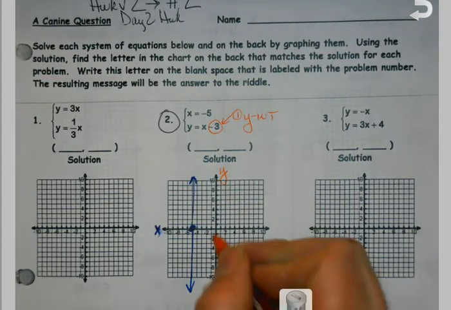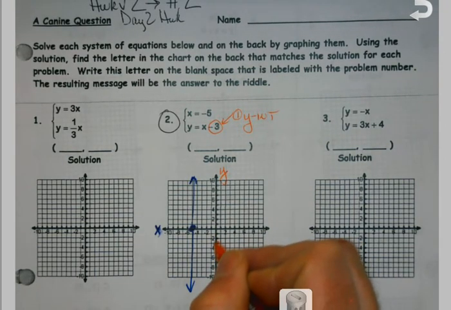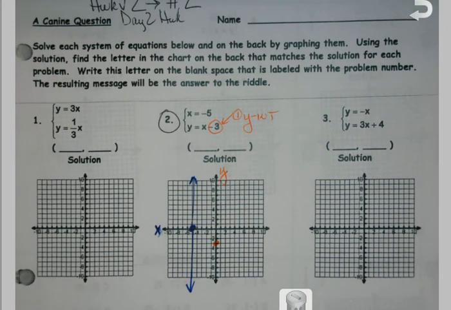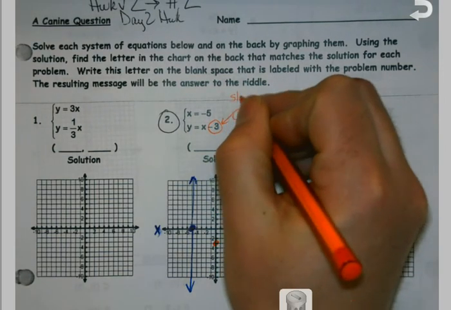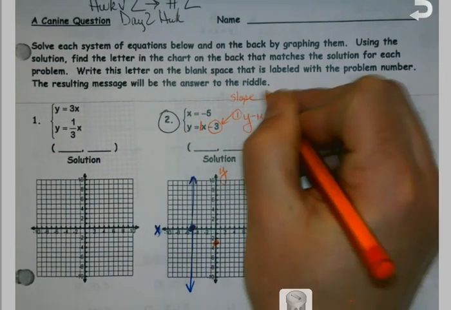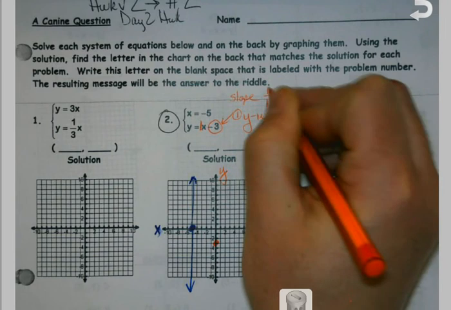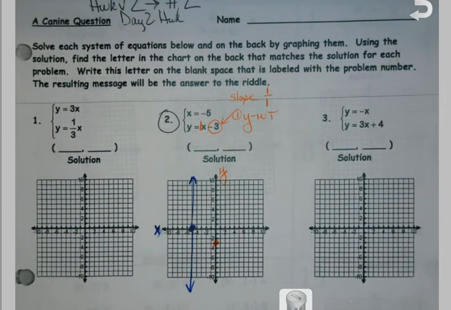Down. So I go down 3, make me a nice big dot. And when I don't see a number in front of x, what's my slope going to be? 1. So my slope for this one is 1/1. In other words, I'm going to go up 1 and right 1.